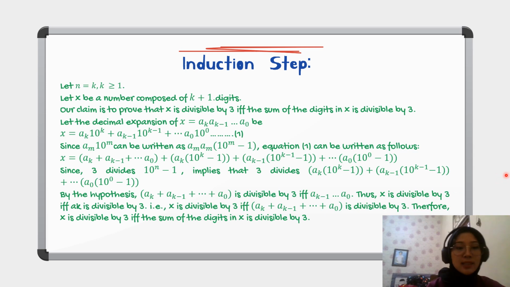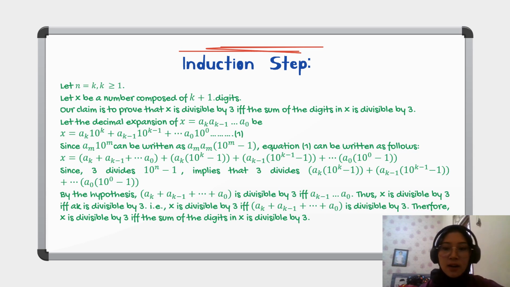By the hypothesis, a_k plus a_(k-1) plus until a_0 is divisible by 3 if and only if a_(k-1) until a_0 is. Thus, x is divisible by 3 if and only if a_k is divisible by 3.